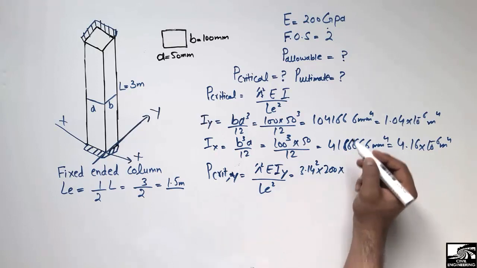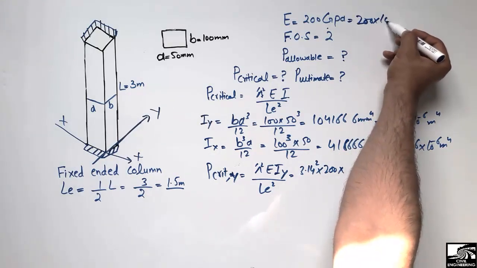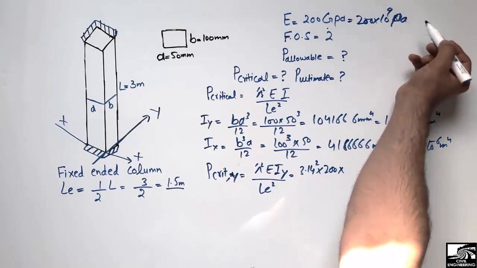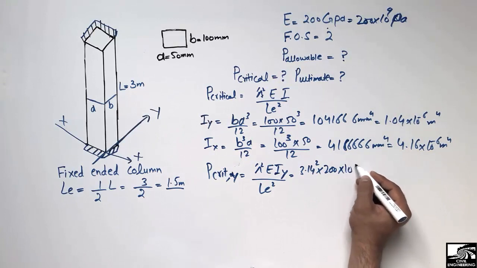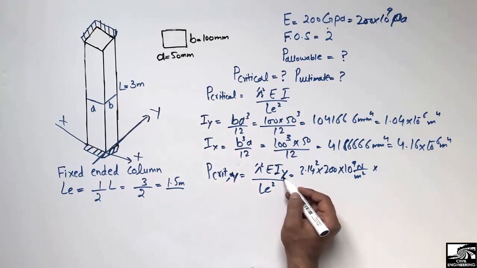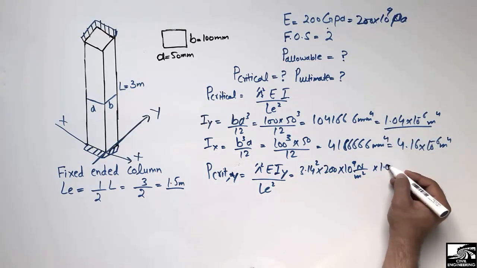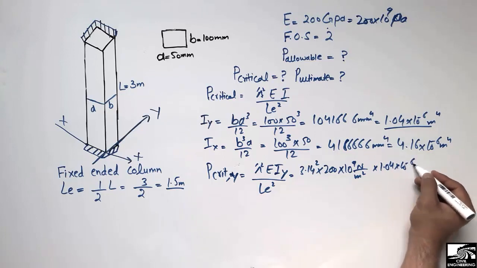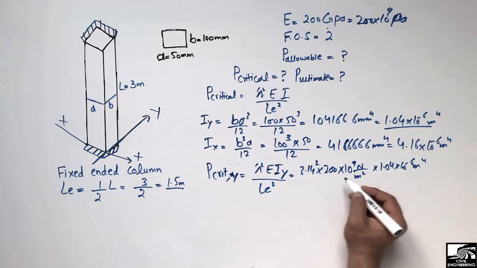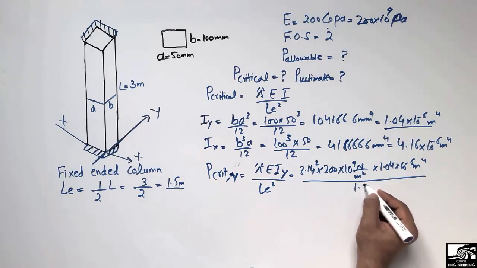Converted into pascal, it is 200 times 10 to the power 9 Newton per meter square, multiplied with the moment of inertia along the y-axis, which is 1.04 times 10 to the power minus 6, and divided by LE square, where LE is 1.5, so 1.5 square.